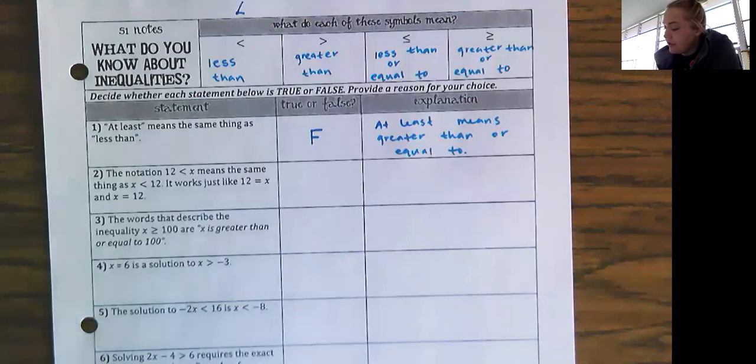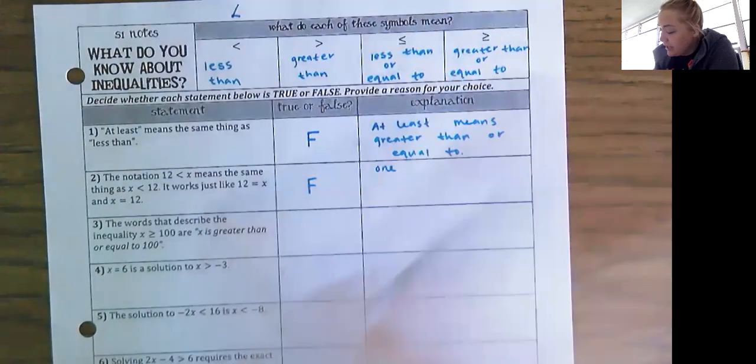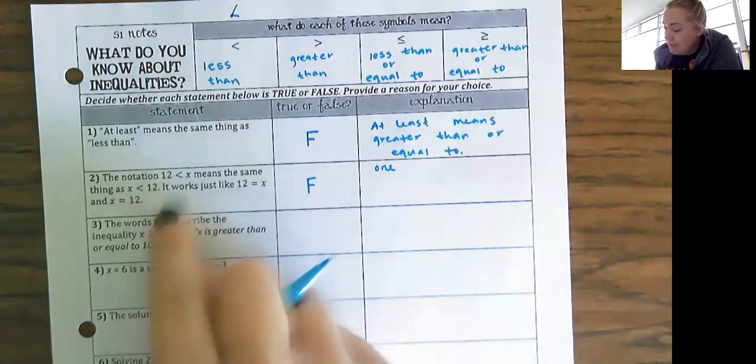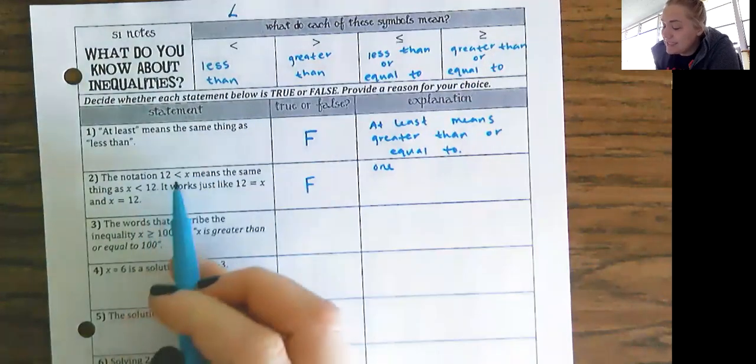Okay, number 2, the notation 12 is less than x means the same thing as x is less than 12. It works just like 12 equals x and x equals 12. This one is also false. The first one here says that x is on the bigger side of 12. It says 12 is less than x.